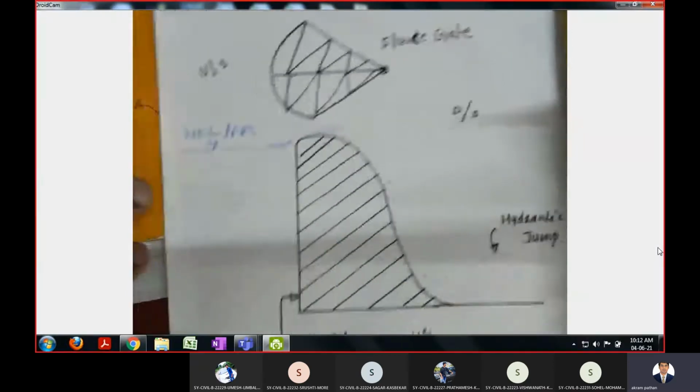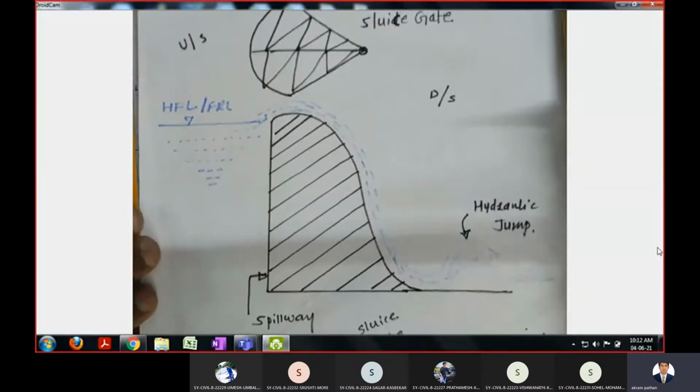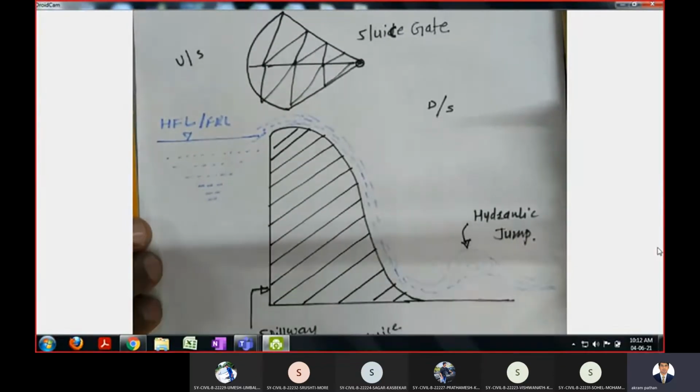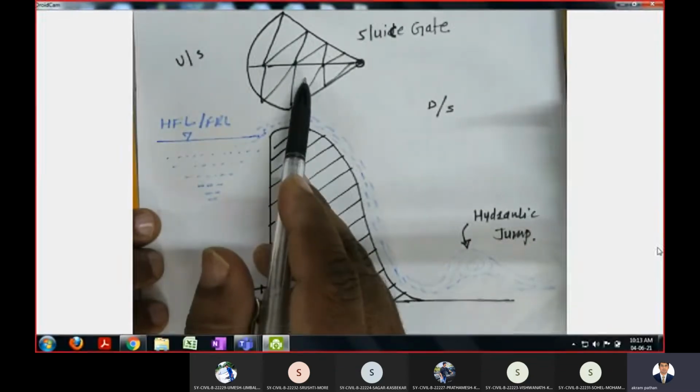Look at this particular diagram we have. In this diagram you will see we have a spillway. What is the spillway? A spillway is a masonry or concrete structure which is provided in the body of the dam, and above which we have a gate.